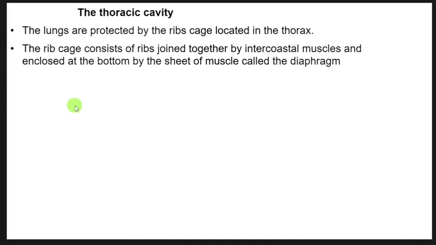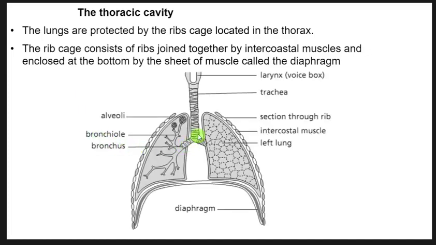All right, so this is what we are talking about. You can see that from the larynx, the voice box, we have the trachea, and the trachea divides into the bronchus, one on the left and one on the right.